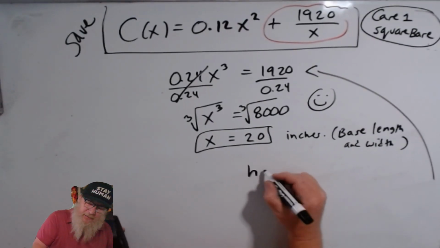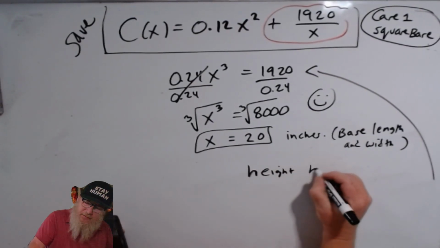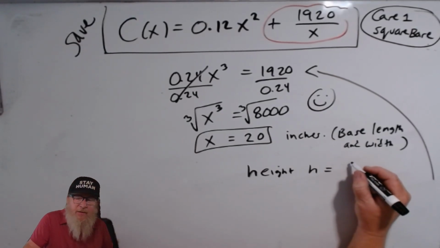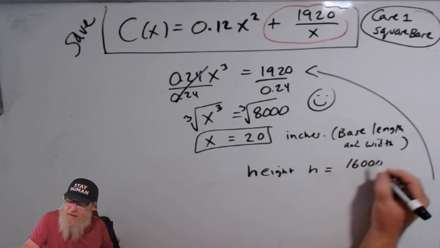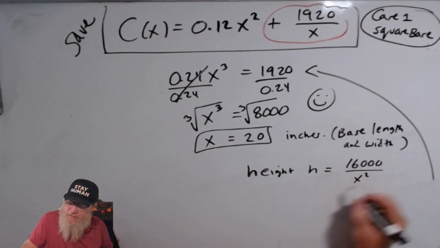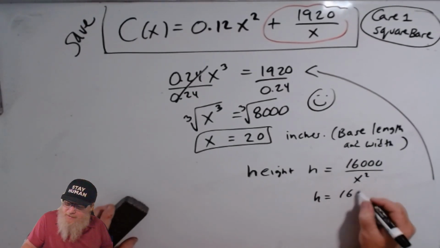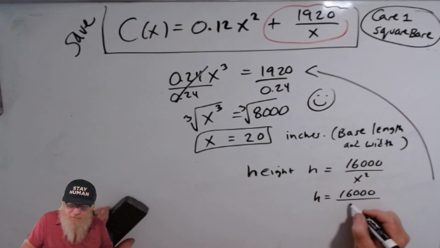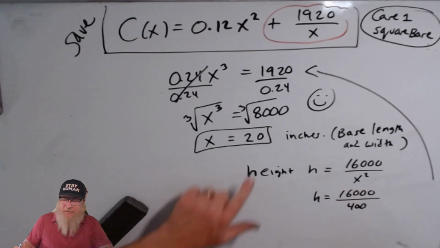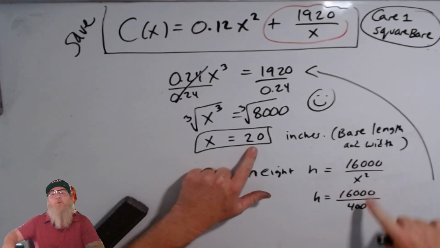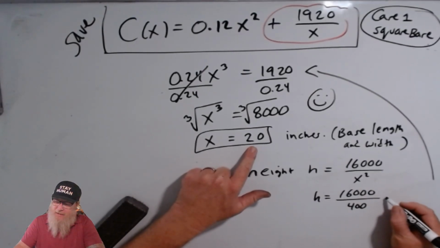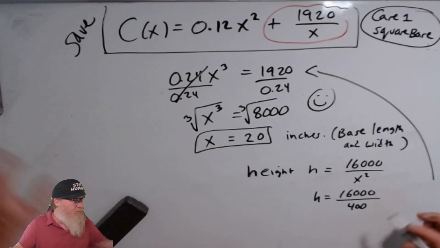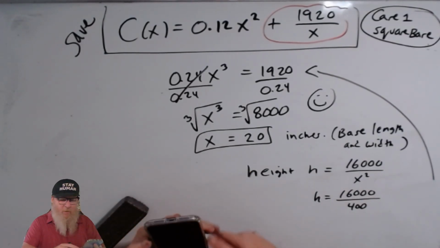The height is h. That was what was it again? 16,000 over x squared. So that would be 16,000 over 400. I'm doing the mental math here. 20 squared is 400. And so that's exactly 400, I think. No. 40? 40.